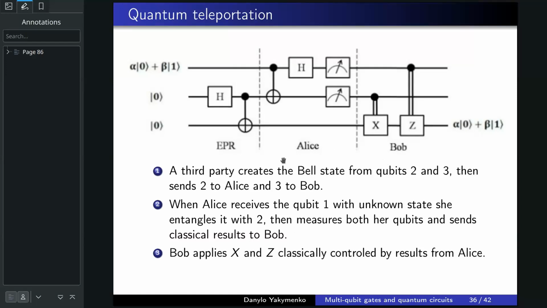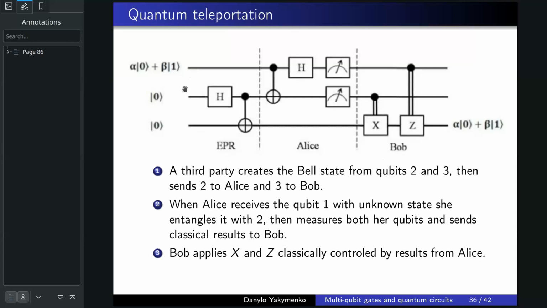So what they will do at first stage, now time flows in this direction. Now we have 3 qubits here. Before any teleportation happens, you may think that a preparation happens.